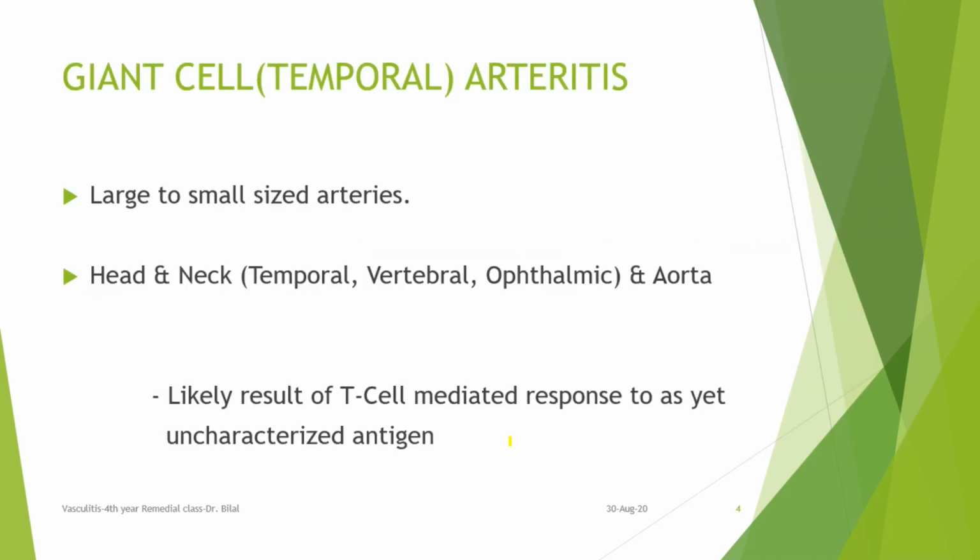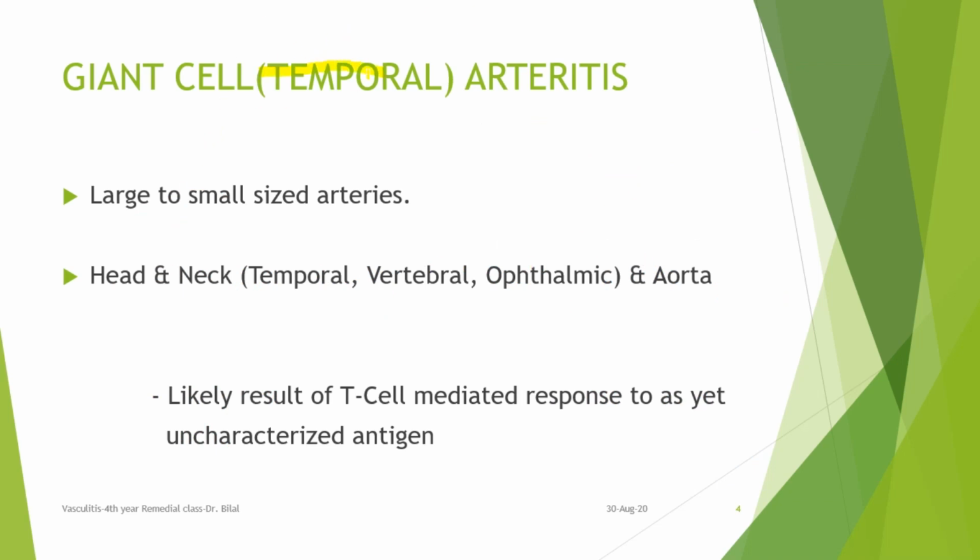Now we start off with a very important type with respect to the paper, known as giant cell temporal arteritis. You can guess a few things from the name: one, giant cell, and the second, temporal.